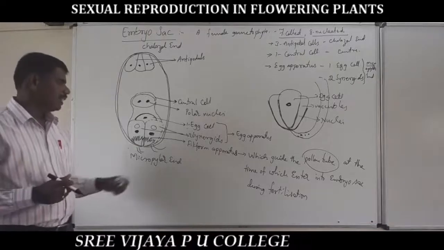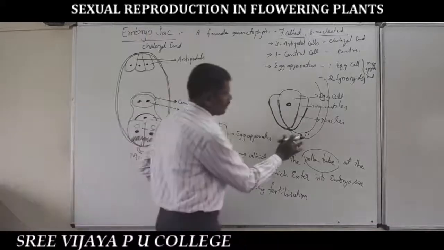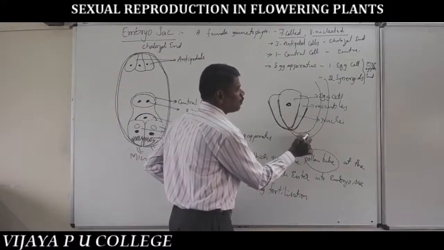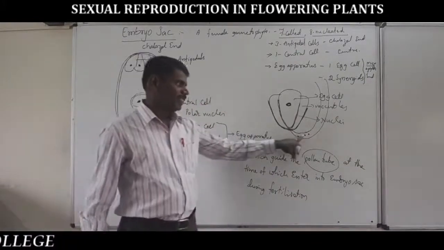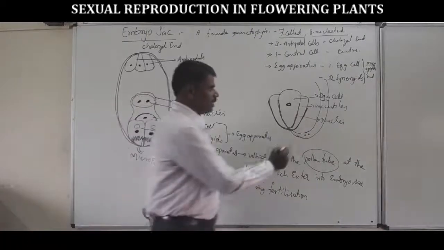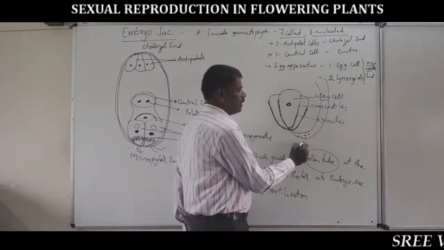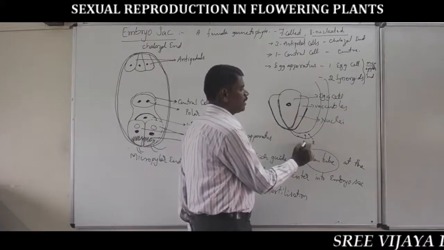fused with the first male gamete. The pollen tube carried two male gametes: the first male gamete and the second male gamete.